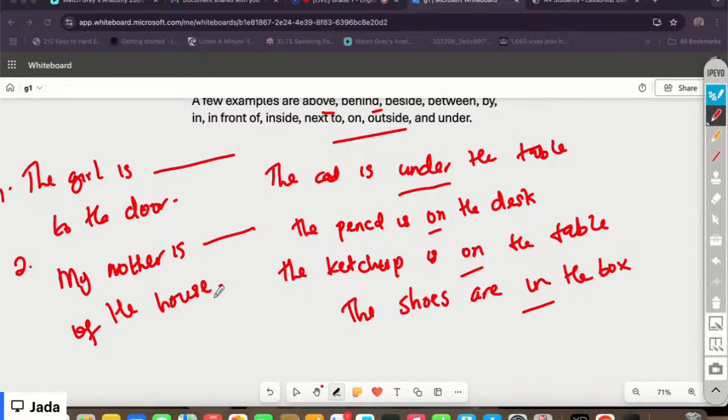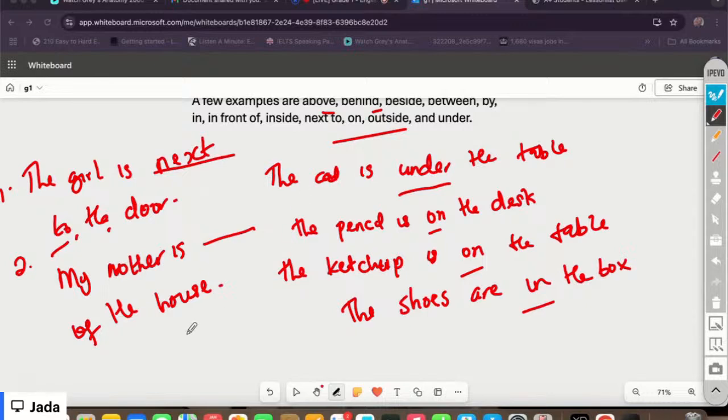The girl is outside the door. What do you think could be the right preposition here? Is it the girl is next to the door, or the girl is inside the door? What do you think? So we will say next, because we have the two here, so the girl is next to the door.